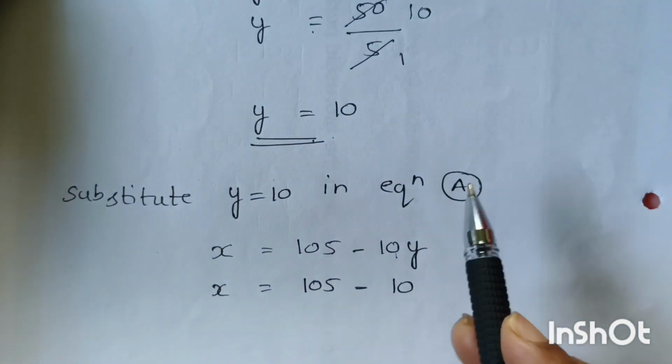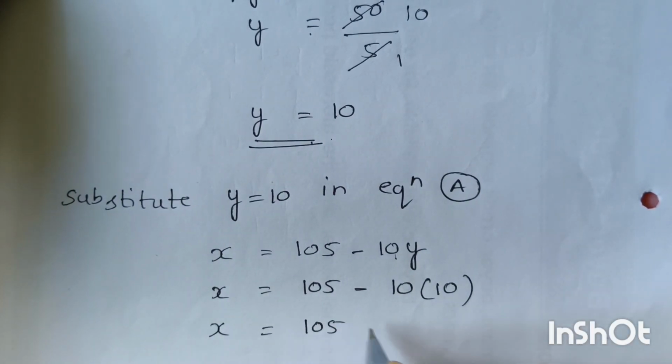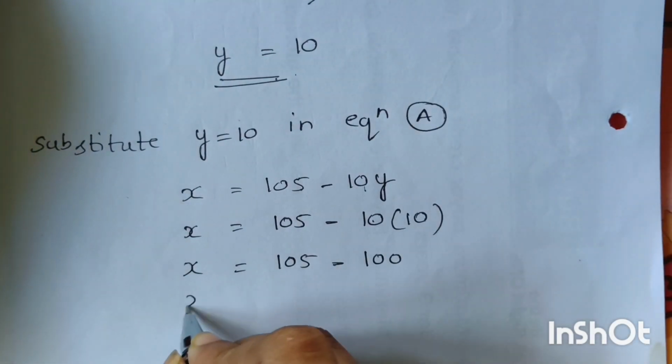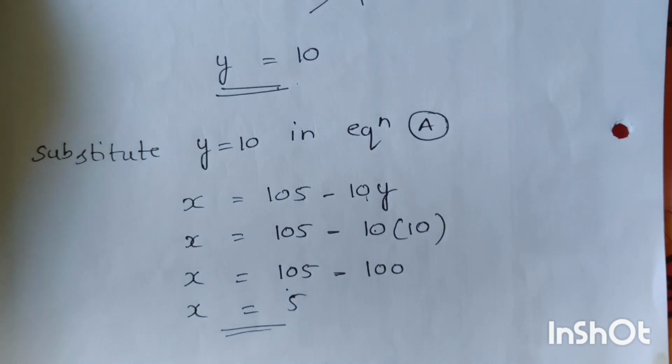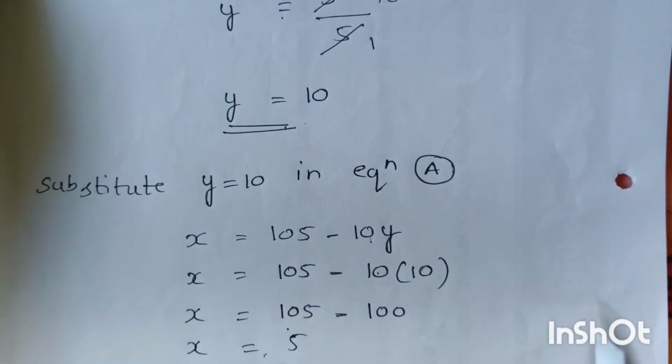The value of y is 10. X is equal to 105 minus 10 into 10 is 100. 105 minus 100 is what? 5. Now we got the value of x and value of y.